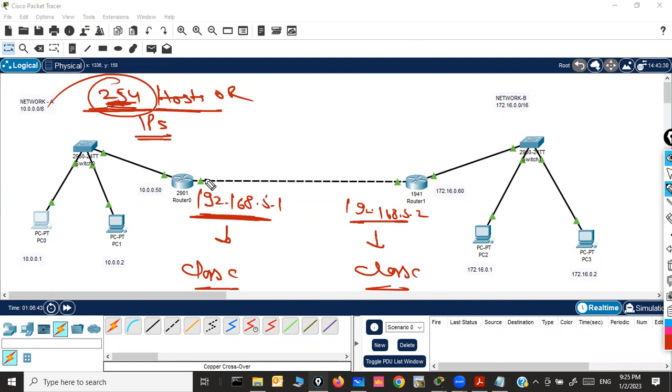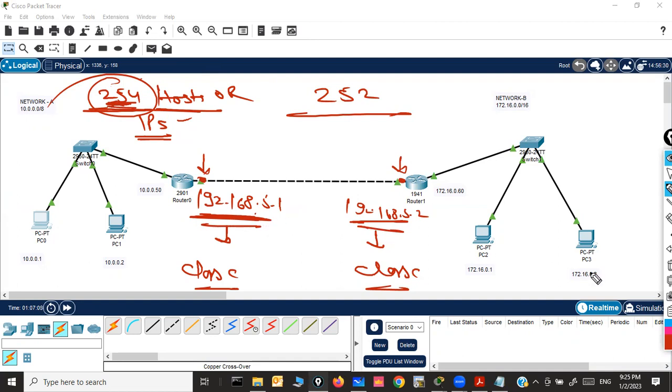And here what I did, I assigned two IPs from this network. One IP assigned to this interface, one IP assigned to this interface. And remember, class C network total 254. I have utilized two IPs. What about the remaining 252 IPs? Wasted, gone. So in case of public IPs, again a major issue.